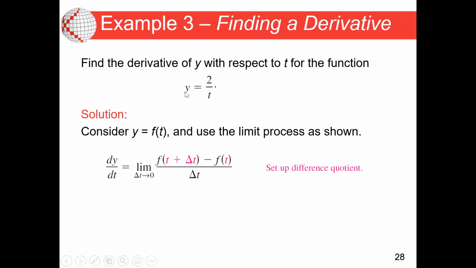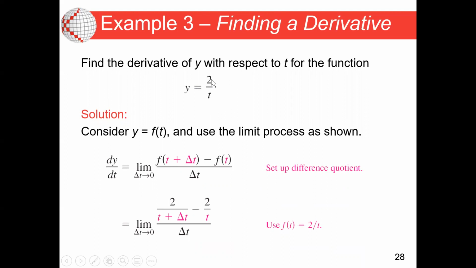Now, when we look at this equation, it's the same as writing y equal to 2 times t to the power -1. So we're going to substitute. Anywhere we see f of t plus dt, we know y is 2 over t.